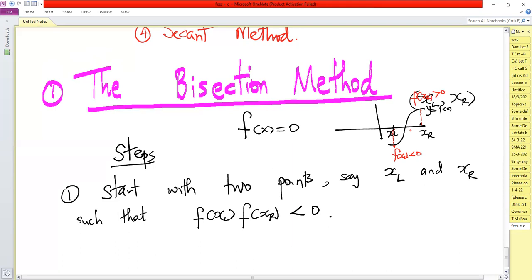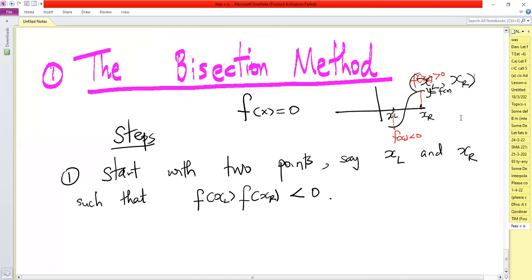So we are always assured, because f of x is assumed to be a continuous function, that there exists a root between XL and XR. So that's the first step.